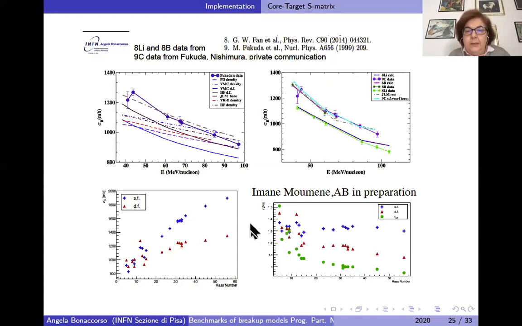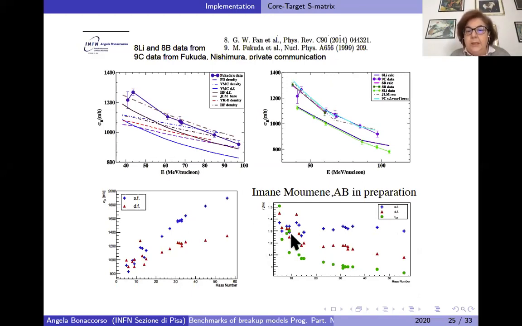And then if we look again at this parameter that I mentioned at the beginning, the small r_s that gives the strong absorption radius, we discovered that with this single folding, we in fact get, almost in all cases and for every mass number, something from 1.3 to 1.4 fermi.